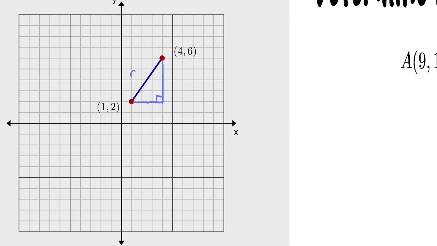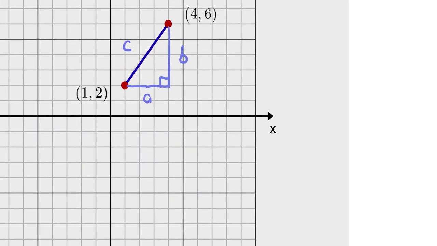So the length is C, and then these two sides I'm going to call A and B. So to figure this out now, a squared plus b squared equals c squared. That is our Pythagorean theorem. Going back to our diagram now, I don't know the length of b or the length of a, but I can count the squares.